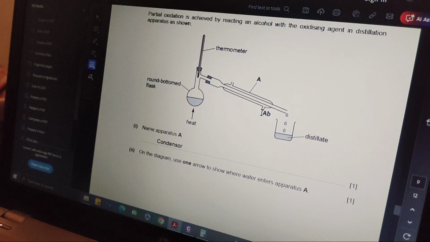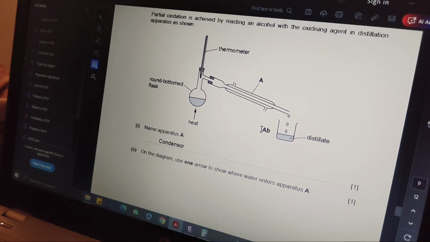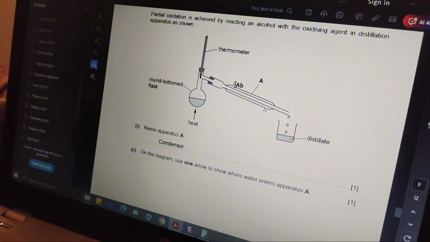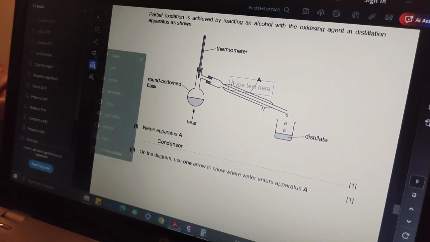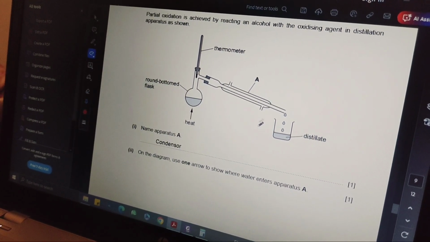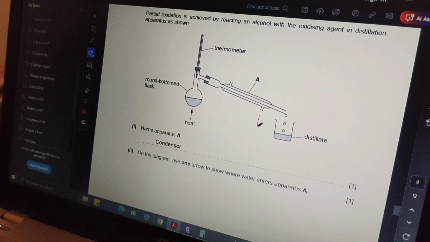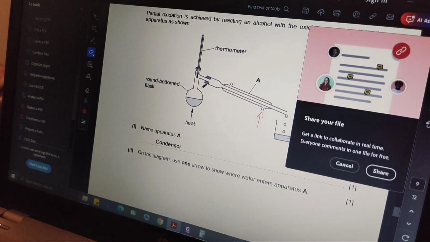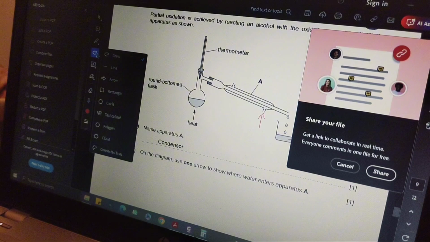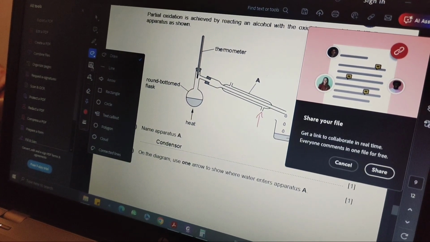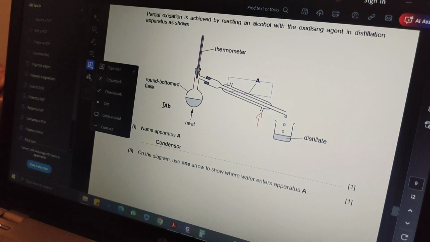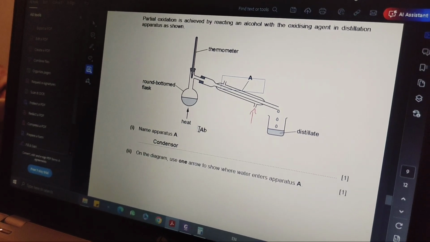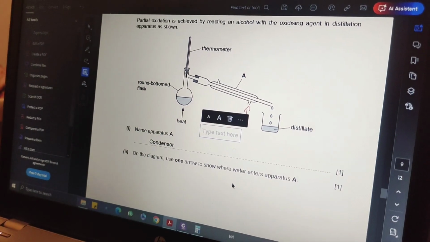So the water enters from here and leaves from here. What is the purpose of this part here? The water will stay for more time and it will provide us effective condensation.